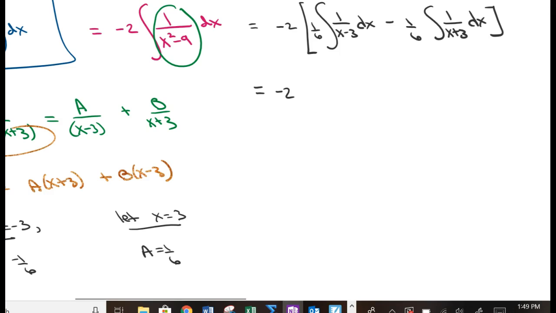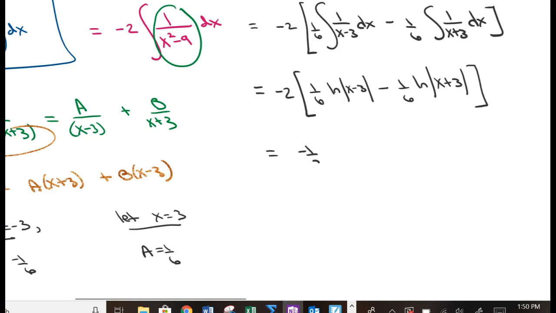This becomes -2 times 1/6 times the natural log of the absolute value of x minus 3, minus 1/6 times the natural log of the absolute value of x plus 3. And maybe you'll take the -2 and distribute. We get -1/3 natural log of x minus 3 plus 1/3 the natural log of the absolute value of x plus 3.